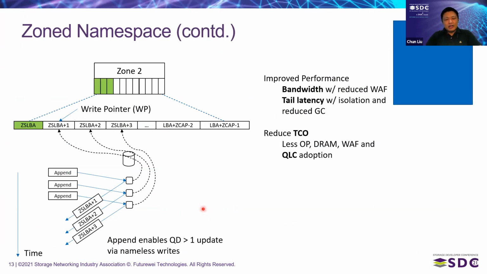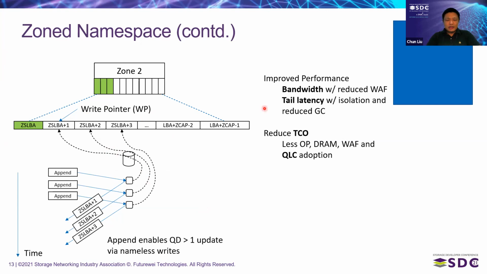There's also a command called append, which enables multiple outstanding updates to the same zone, greatly improving the write bandwidth. The caveat is that it's a nameless write, meaning the append doesn't specify the address. Instead, the written address is returned by the device.